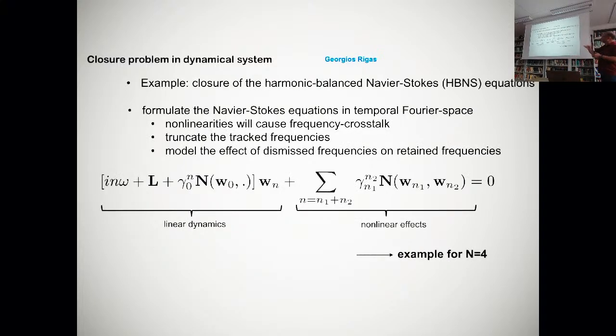This is a joint work with George Rigas from Imperial. And we're going to try that out with doing the harmonically balanced Navier-Stokes equation, just as an example. This is the harmonically balanced Navier-Stokes equations. It has a linear dynamics. It's basically the Fourier transformed Navier-Stokes equations. This is the linear part, and this is the nonlinear part where the frequencies interact with each other through triads.